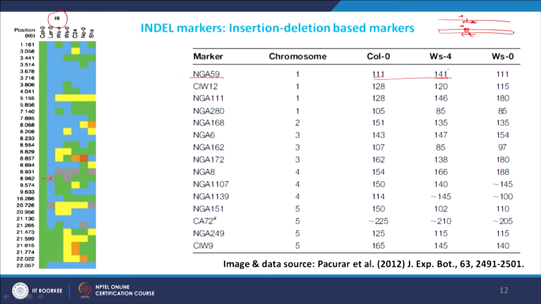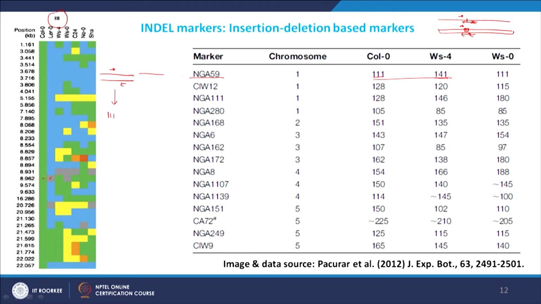So if you take these and run the gel, what can you expect? Another important thing you can expect here. Let us assume a genetic loci is only Columbia; then if you use this marker, you are going to get a 111 base pair band.